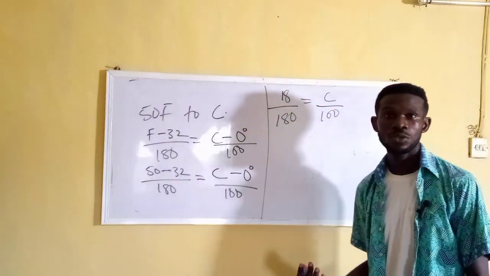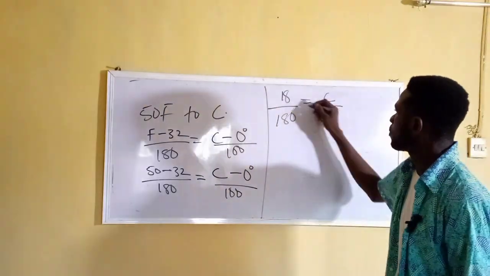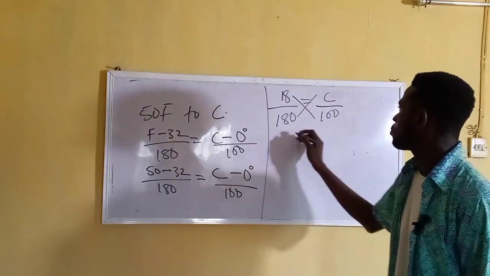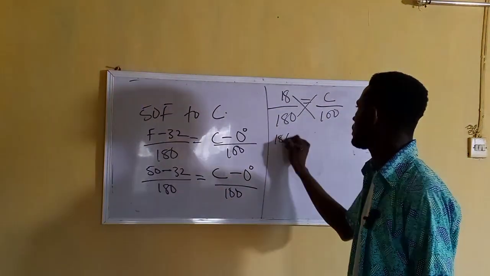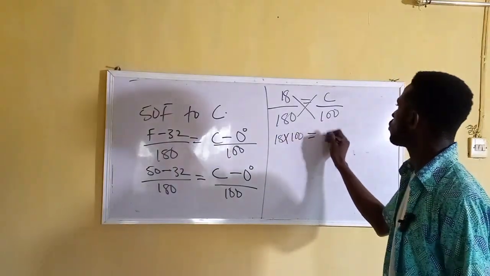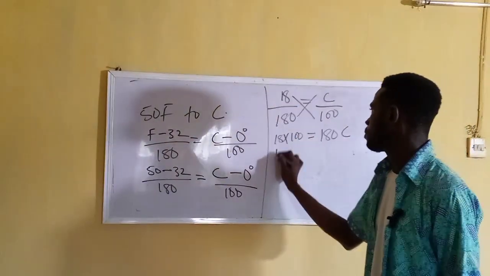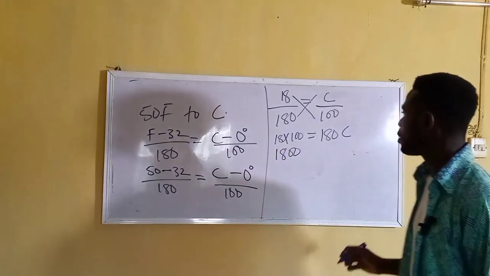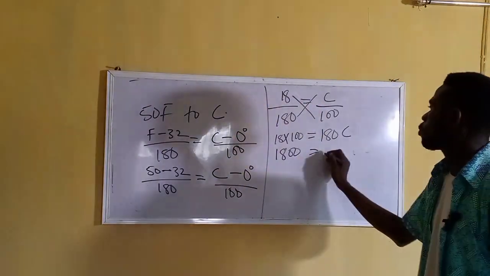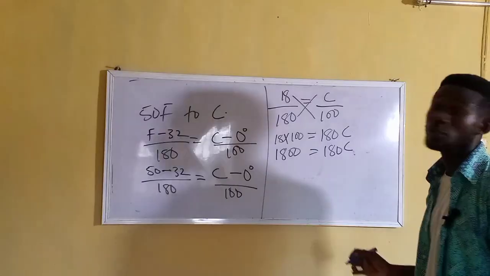Then the next thing we are going to do here is cross multiply. When you cross multiply, you have 18 times 100 equals 180C, and this gives you 1800 equals 180C.